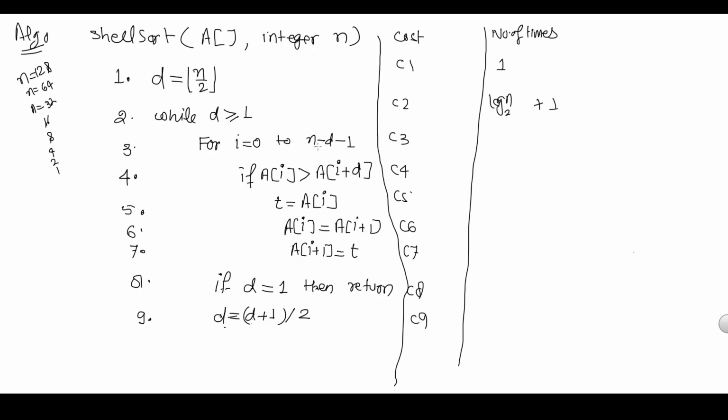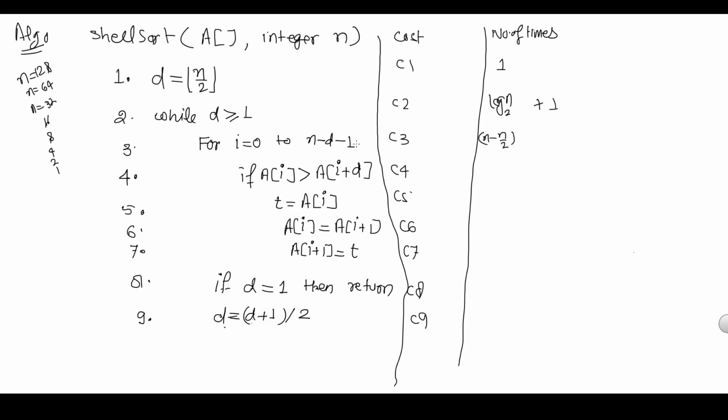Suppose d is equal to n by 2 the first time. So this will execute n minus n by 2 minus 1 plus 1, because it is executing from 0. So how many times will this execute? n minus approximately n by 2 times.